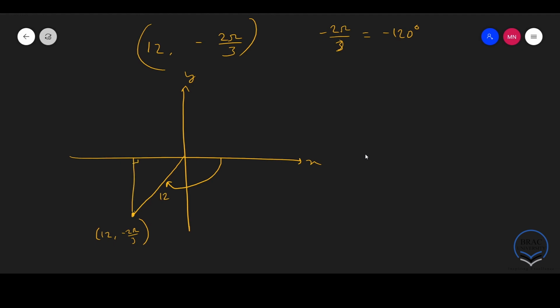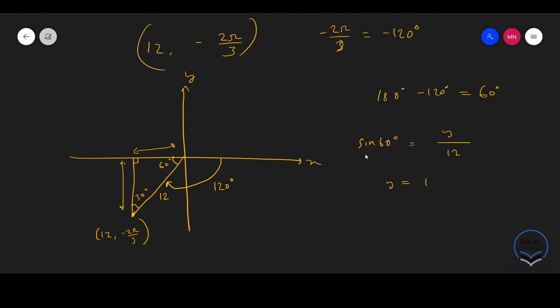And if I construct a right triangle like this, I can easily find this angle, because if this angle is 120 degrees, then the remaining angle will be 180 degrees minus 120 degrees, right? And that will give me 60 degrees. So this angle here is 60, so that means my remaining angle will be 30 degrees. And from this, I can easily find my x and y coordinates. So once again, if we use some right triangle relationships, I will find that sine of 60 degrees is equal to the opposite over my hypotenuse, which is 12.